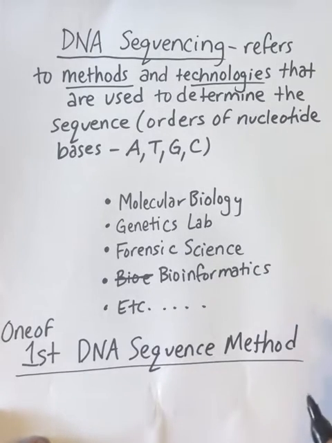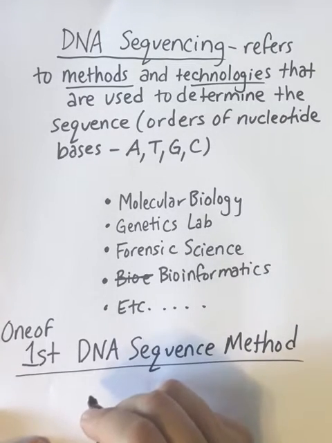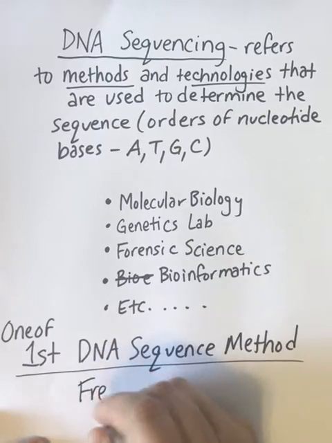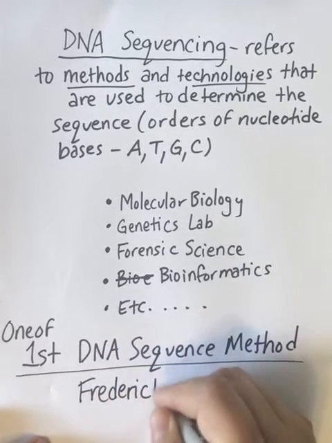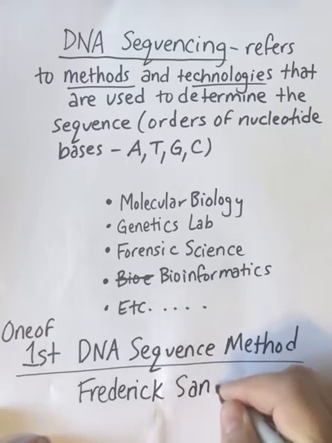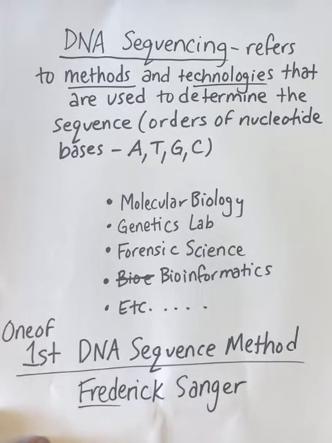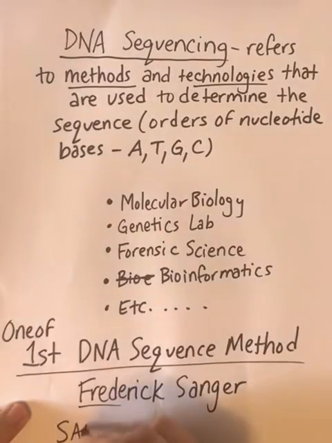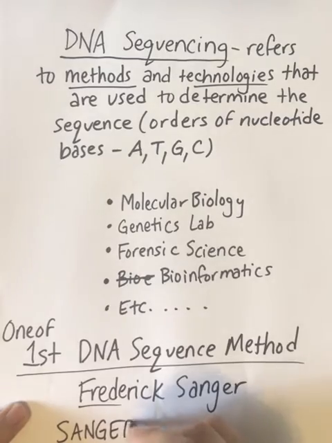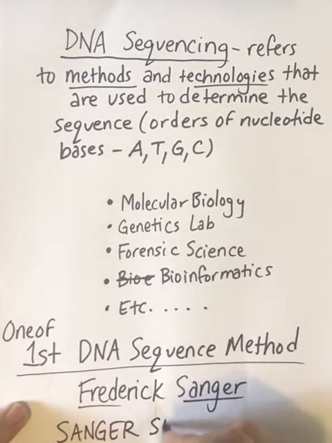The scientist's name is Frederick Sanger. I guess he went by the name Fred. So the first DNA sequence method was called the Sanger, for his last name, sequence.